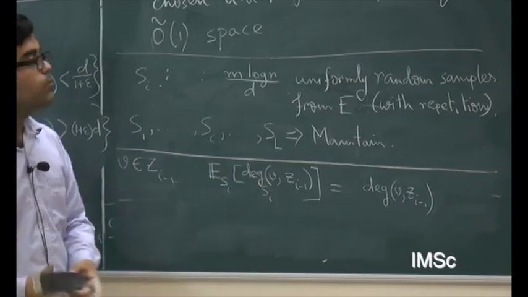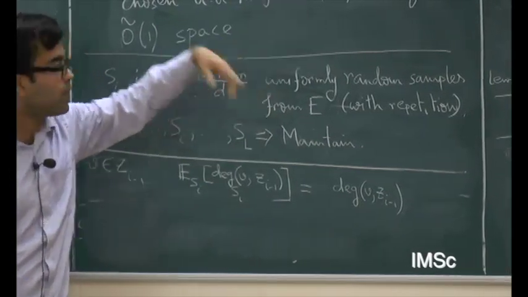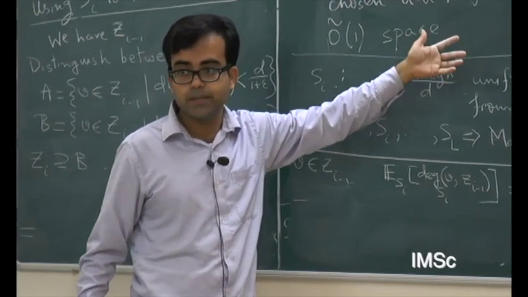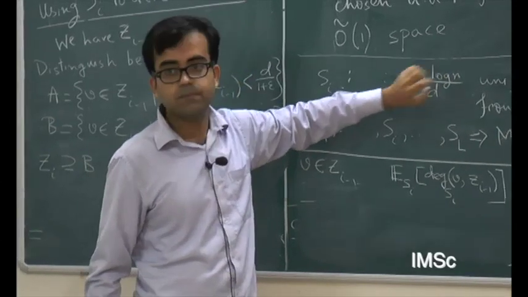Or in other words, you just fix one specific edge E. What is the probability, or how many times in expectation will that edge appear in this sample?